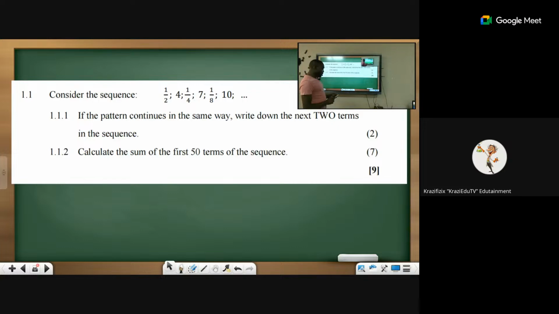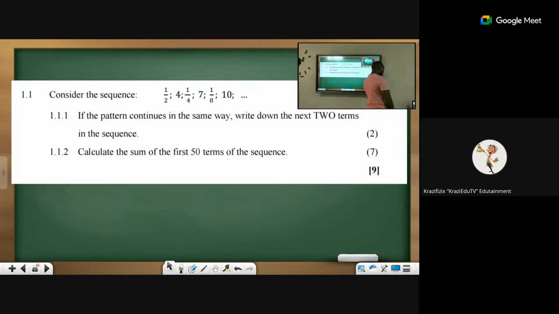If the pattern continues that way, what do you need to notice? There's a fraction, there's a whole number. We must be able to pick what's going on. Share your answer.